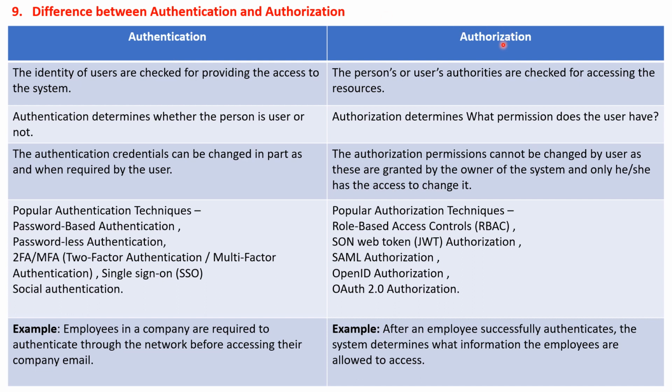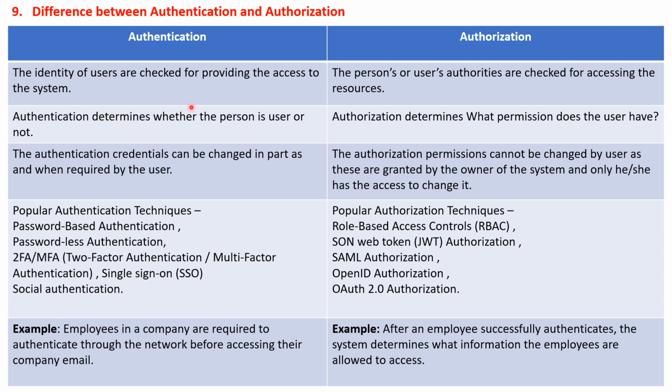And authorization: after I log in to that particular website, what resources I can access in that application is called authorization. Authentication determines whether the person is a user or not. As I said, if I am logging in to Amazon or Flipkart for the first time, it will check whether this customer is an existing customer or not.